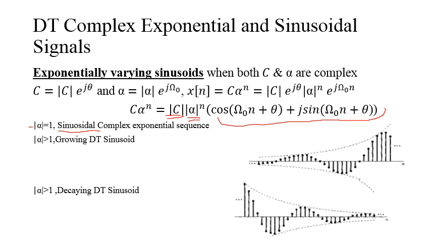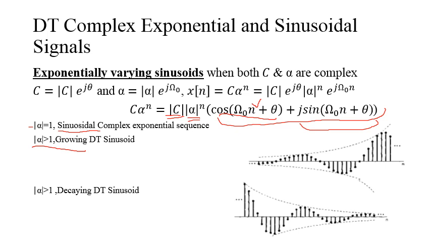So again, to plot this, we need basically two graphs, right? One graph for plotting the real part versus n, and another graph for plotting the imaginary part, so that's cos versus n and sine versus n, right? So that will give us the waveform. Again, for the generalized case, if alpha is greater than 1, this will be an exponentially growing signal.